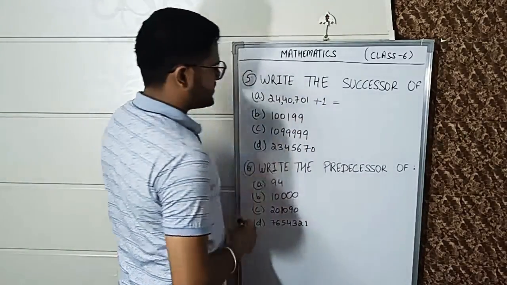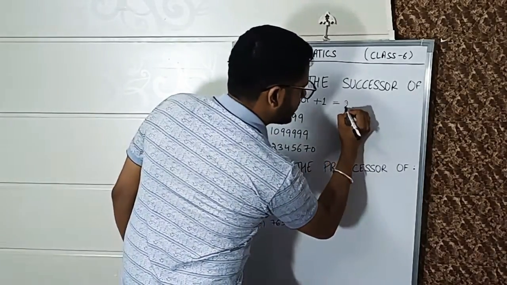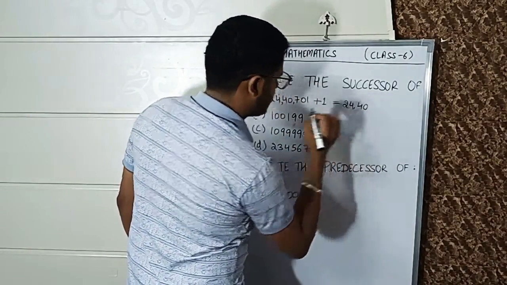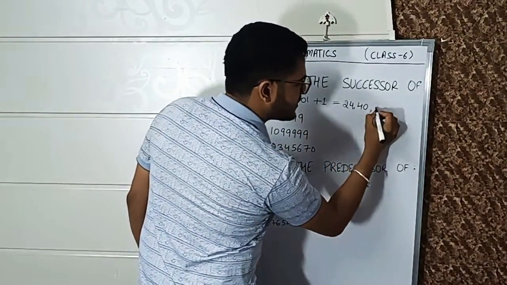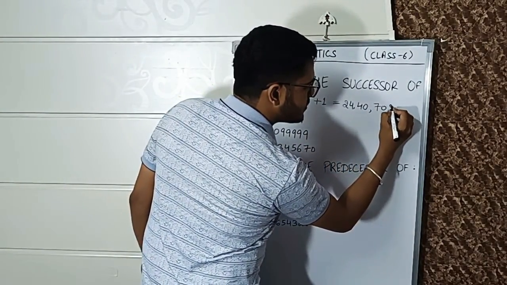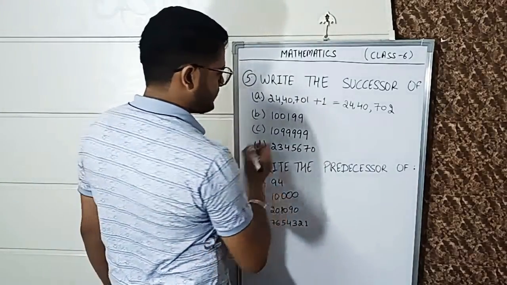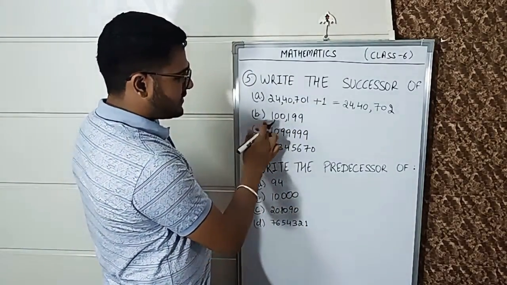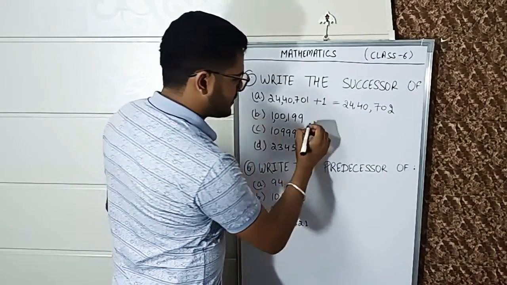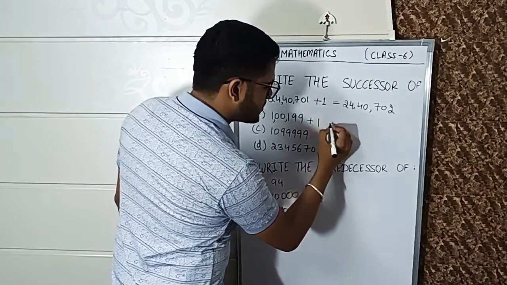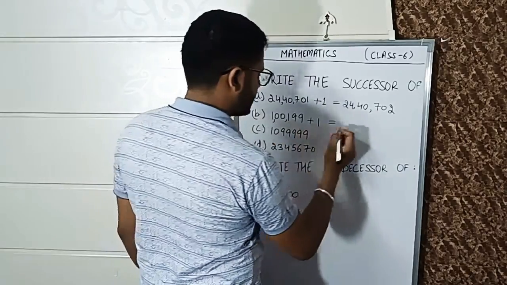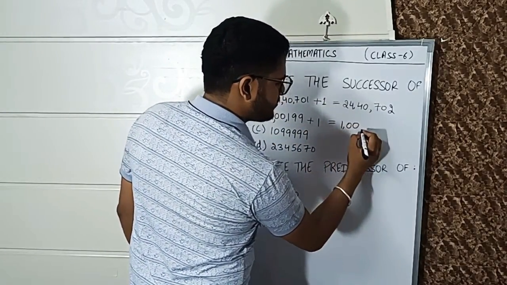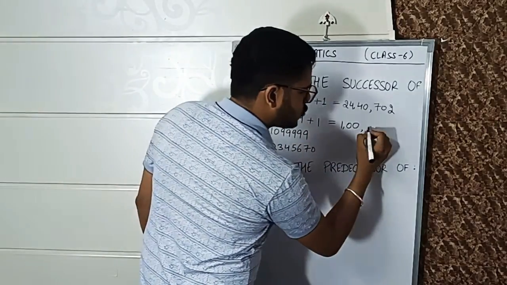What we will get is 24,40,702. Now the next example, 1,199 plus 1, what do we get? 1,200.